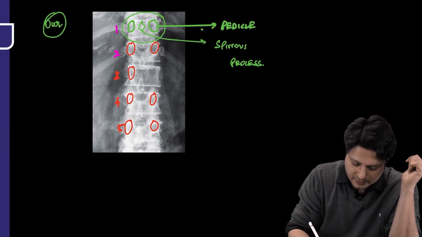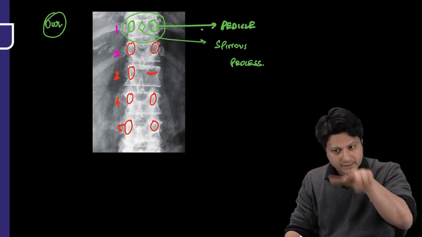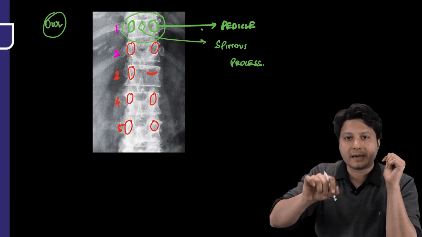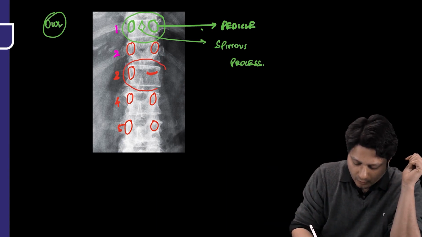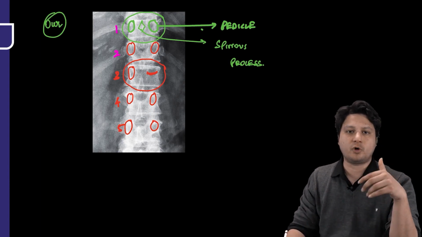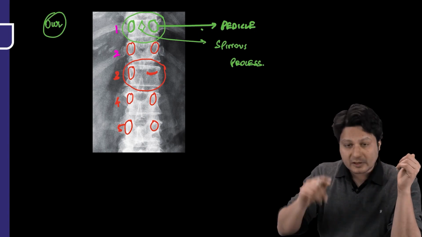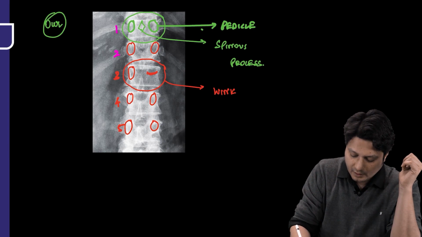One of the eyes is visible, but the other eye is not visible. That means the margins of one of the pedicles cannot be delineated. If you look at the face of the owl of the third one, one of the eyes is blinking, one of the eyes is not visible. That means one of the eyes seems to be winking, and this is what is known as the winking owl appearance.